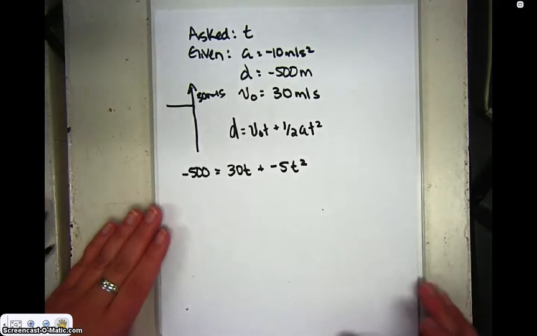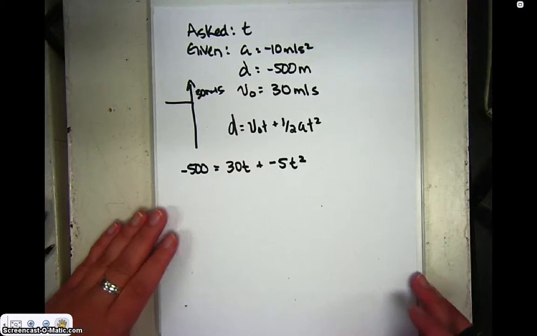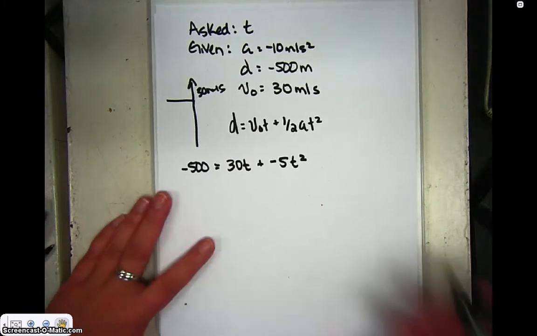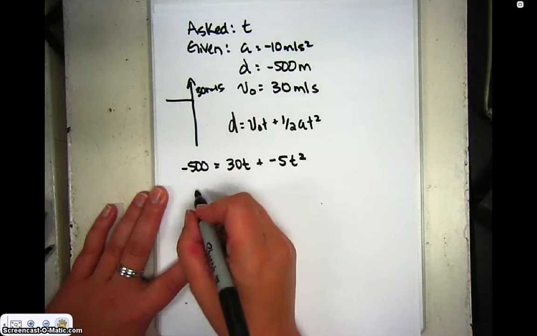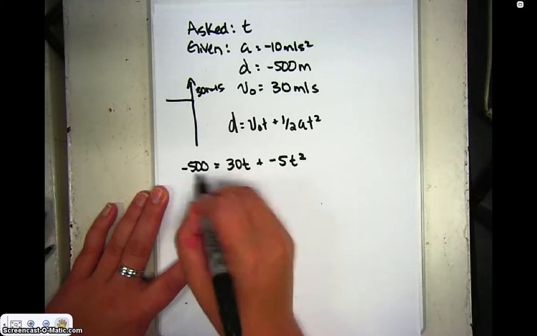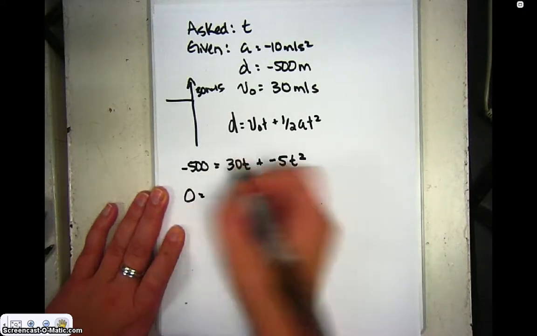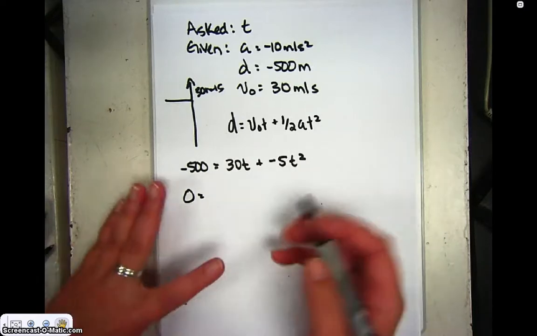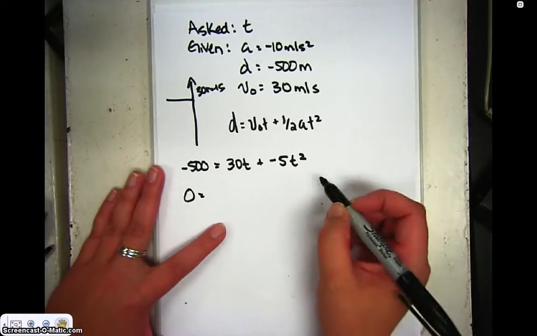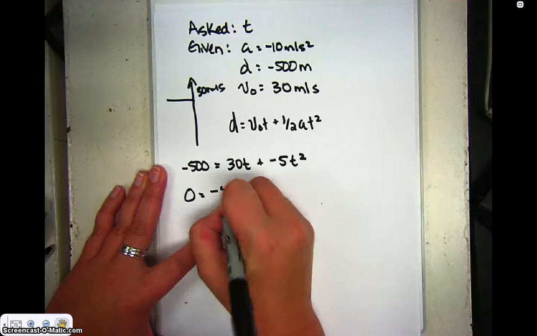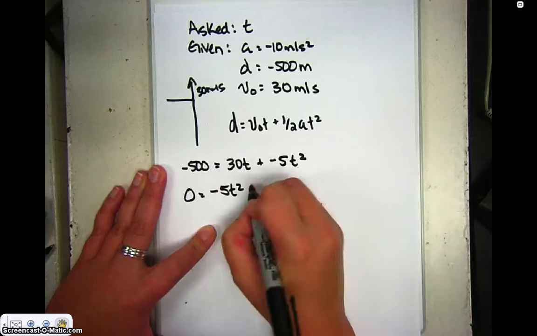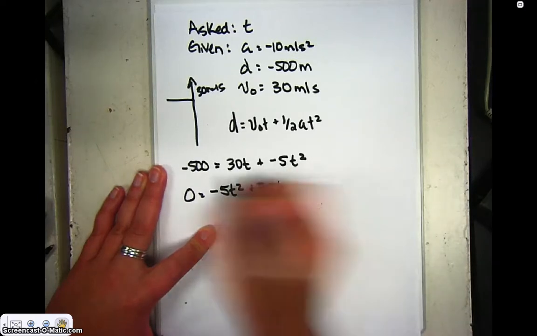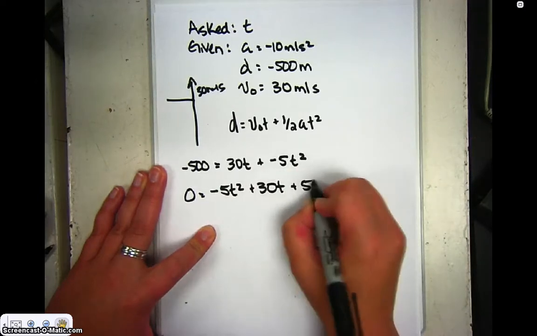Okay, now if you look at this, you might recognize that this is a quadratic. So if I just solve for 0, so add 500 to both sides, and I'm going to flip this, because to me seeing a quadratic makes more sense when the squared term is first. So it's going to be negative 5t squared plus 30t, and then adding this to the other side, plus 500.